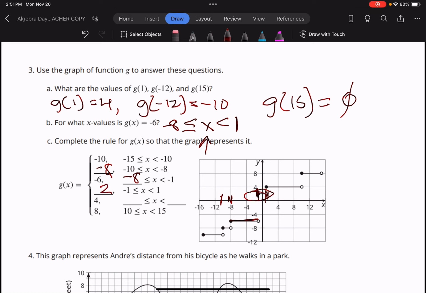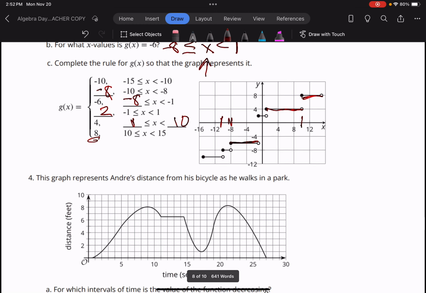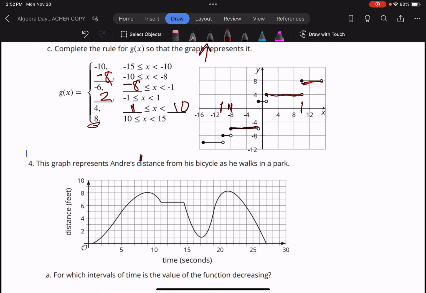That would be right there on the y-axis. And then for 4, that's between 1 and 10. And then our last one, from 10 to 15, we have a y value of 8. So again, this part gives us our inputs, and this part gives us our outputs.